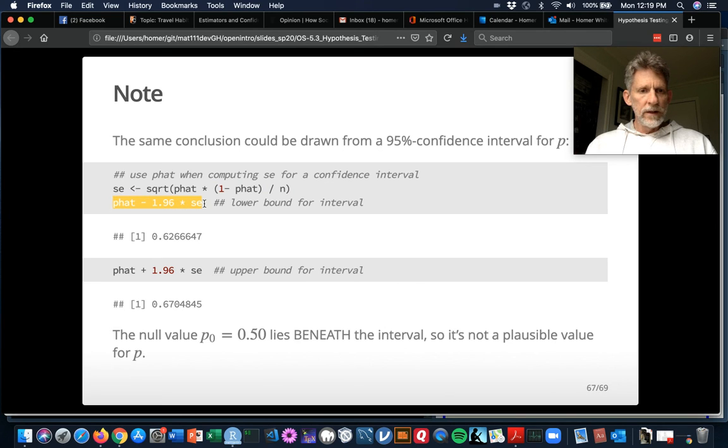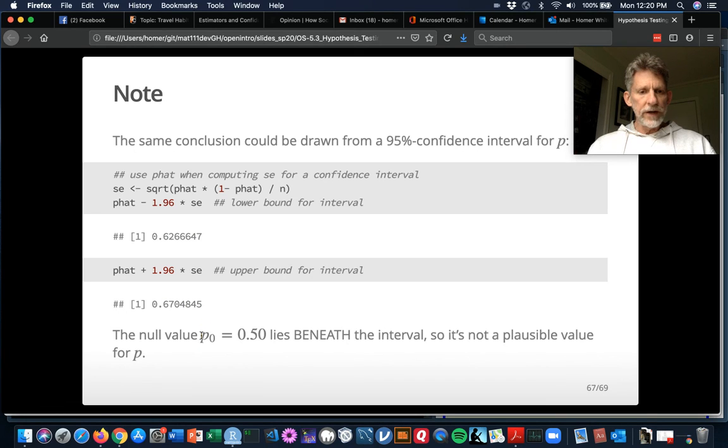And then the margin of error for a 95% confidence interval is 1.96 times the standard error, so we subtract that off of our sample proportion, and we're down to 62%. If we add it on to our sample proportion, we're at 67%. 62% to 67%.